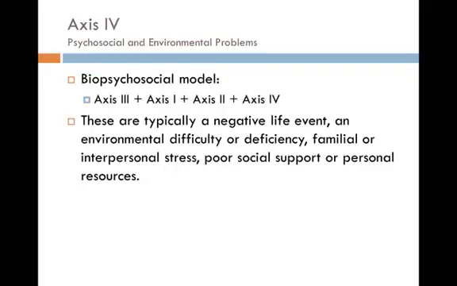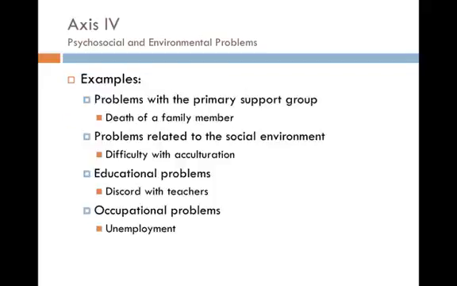So here are examples of some of the psychosocial and environmental problems that would be reflected in the DSM-4. The individual may have problems with their primary support group. There could possibly be a death of a family member. There might be problems related to the social environment. For example, difficulty with acculturation or difficulty adjusting to a new environment.